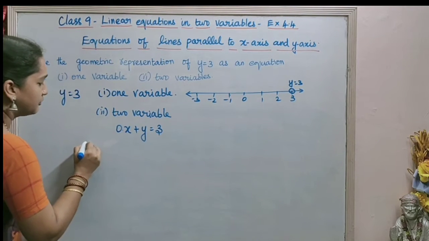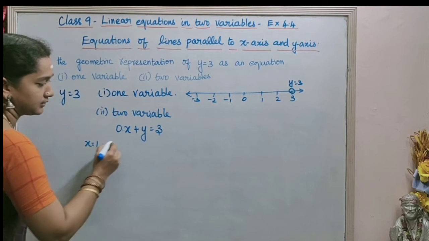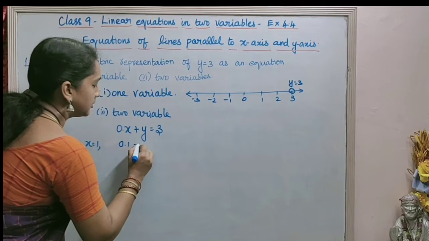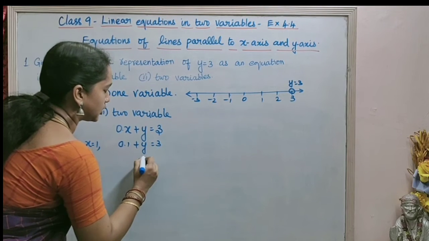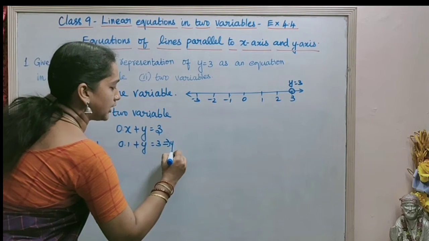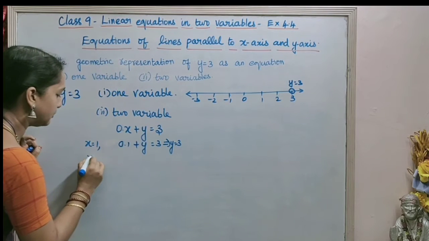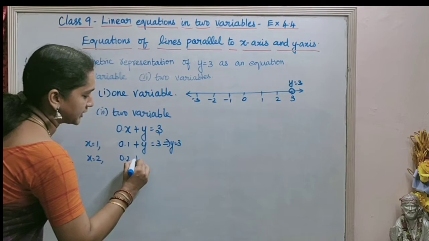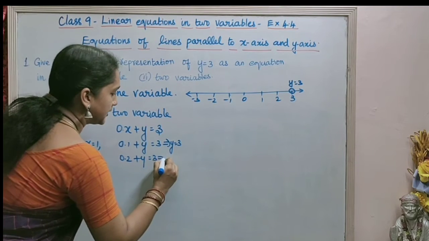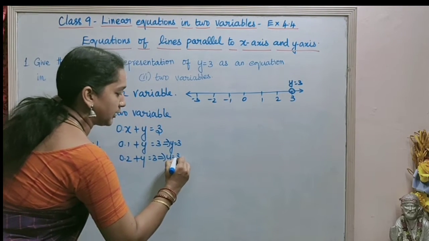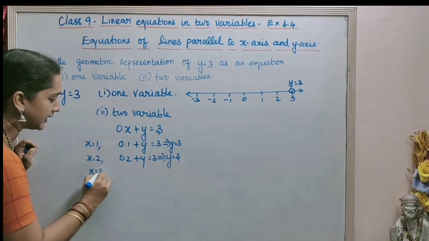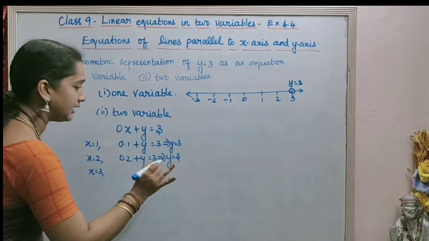Now, if we take x value as 1, 0 into 1 plus y is equal to 3, so we will get y is equal to 3. Then if x is equal to 2, then 0 into 2 plus y is equal to 3. So, then y is equal to 3. Whatever values we are substituting for x, we will be getting the same y value, 3.